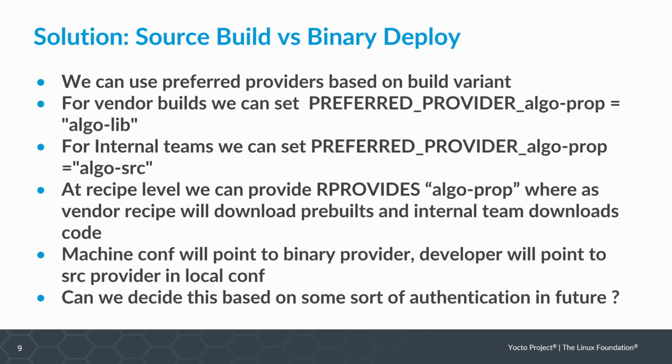In the case of preferred provider, for the same recipe, based on a build variant, for example a vendor build or an internal source build, we can use a preferred provider pointing to either the library recipe or the source recipe.